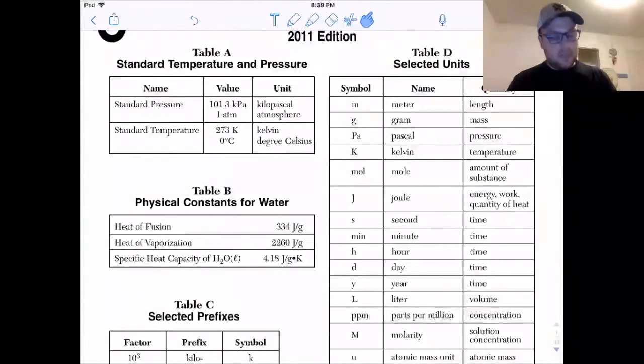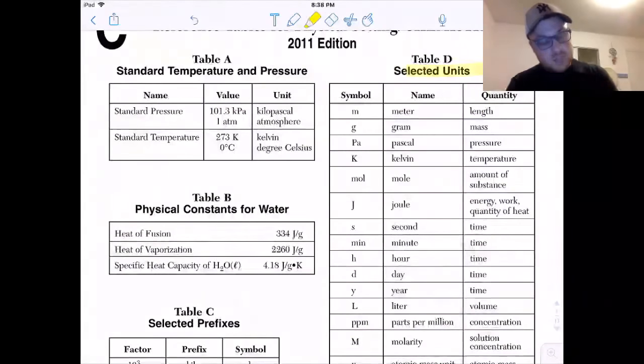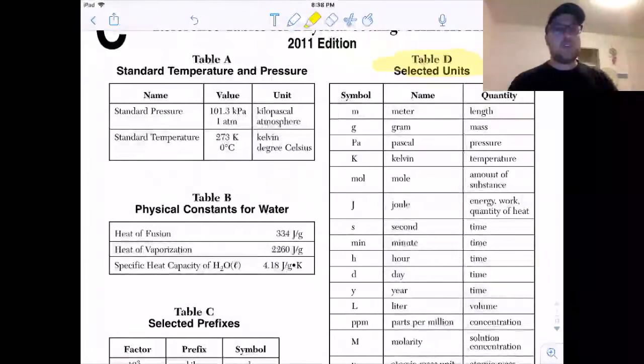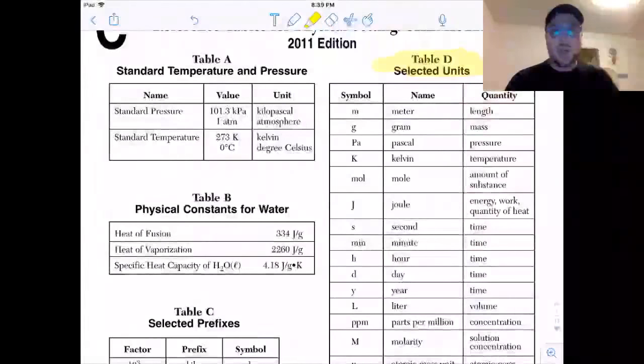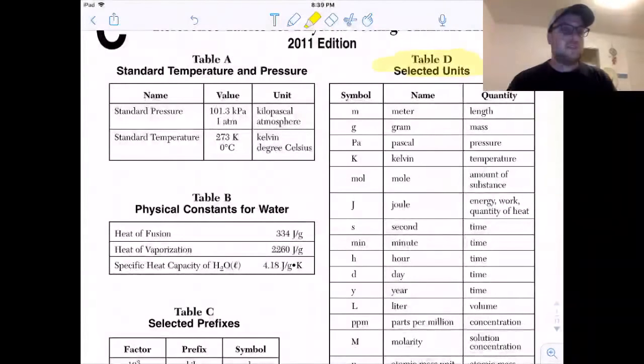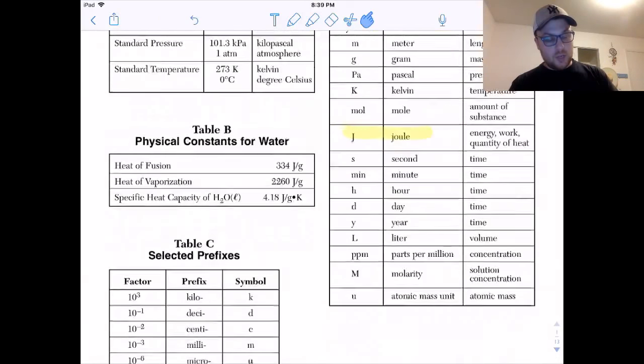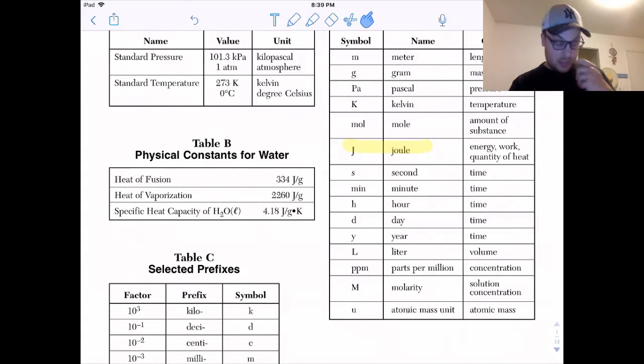Equations in this unit, we got density. Mass is going to be grams. Volume is liters, or centimeters cubed, or usually milliliters. But volume, liters is also a unit of volume. So then you need to be able to find all of these quickly.